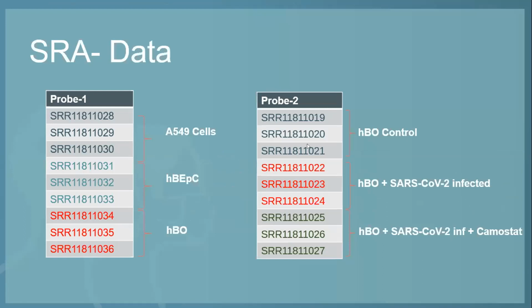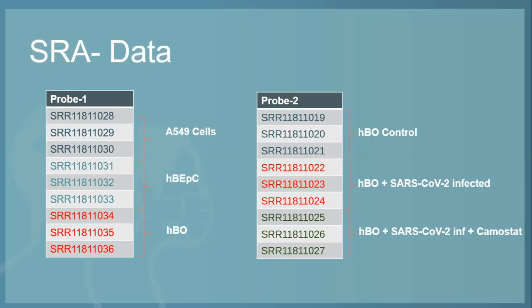So these are the data sets which I have found. The scientists from Japan wanted to test whether human bronchial organoids, which are an advanced form of human bronchial epithelial cells, could be used as an in vitro test model.